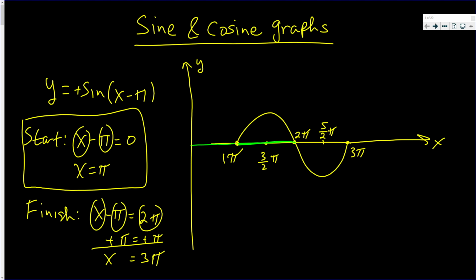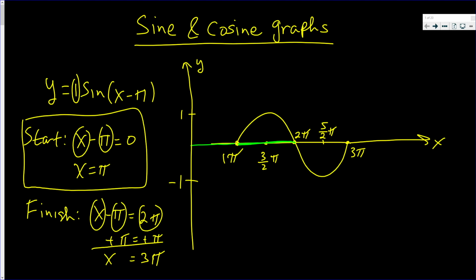And this number in front, or at least understood to be in front, the absolute value of that number is the high, and the negative absolute value of that number is the low. And there is one period of this graph.